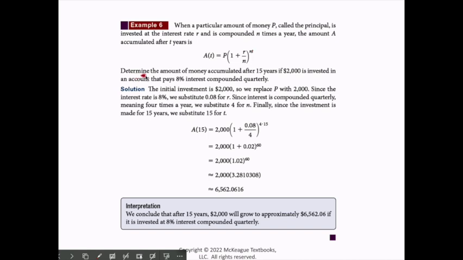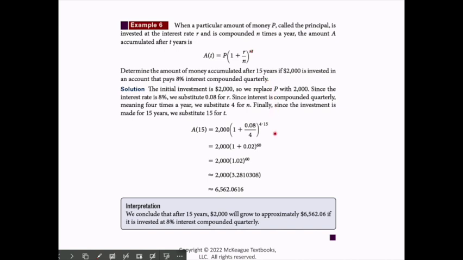So the question says determine the amount of money accumulated after 15 years if 2,000 is invested in an account that pays 8% interest compounded quarterly. So we're going to plug in all that information. Now with this formula, your time, which is your number of years, is your input.